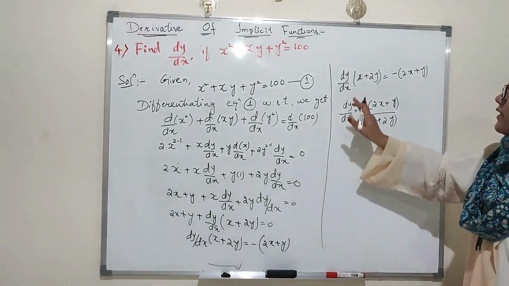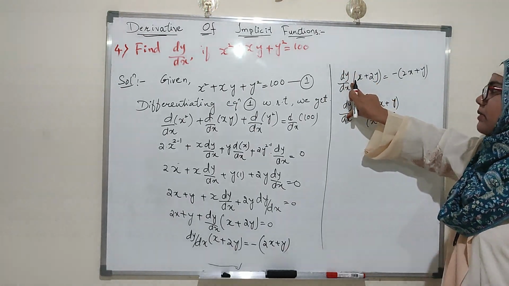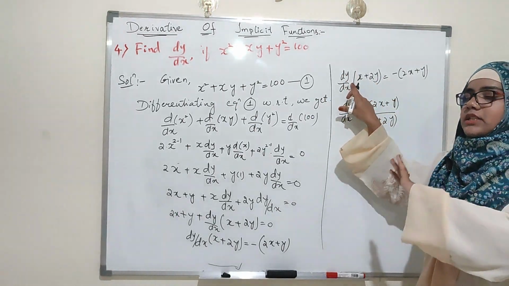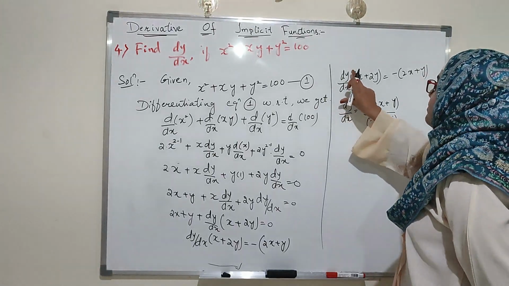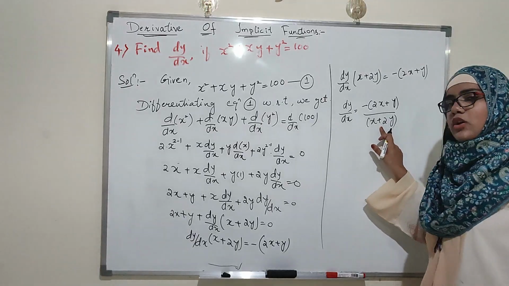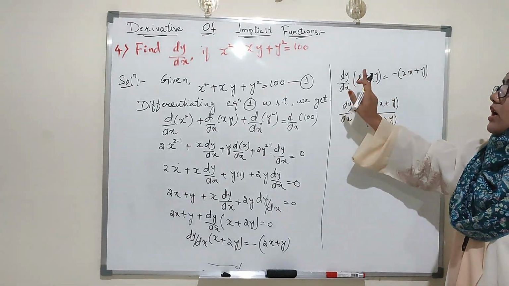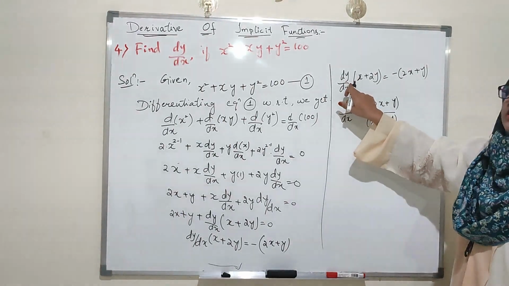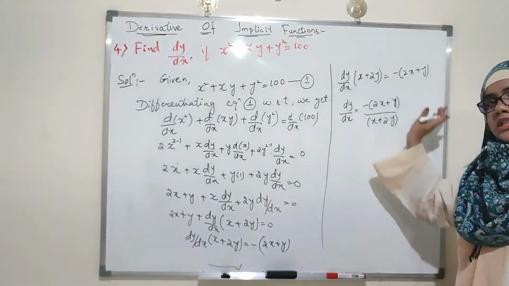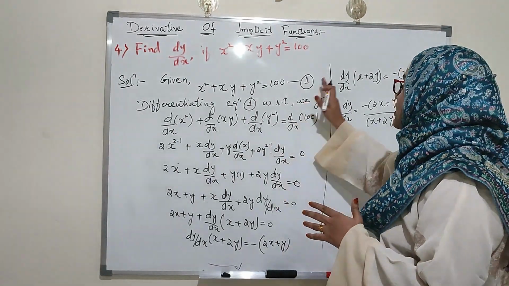Always remember, if you have any two numbers or two terms in multiplication on LHS or RHS, and you want to take one term separately, then the second term goes to the denominator of the other side. If it is addition or subtraction, the sign will change.